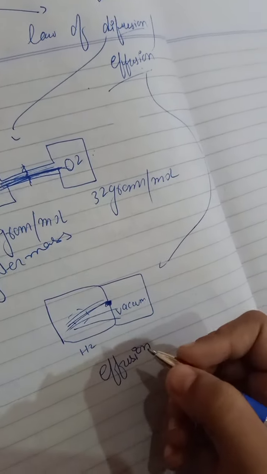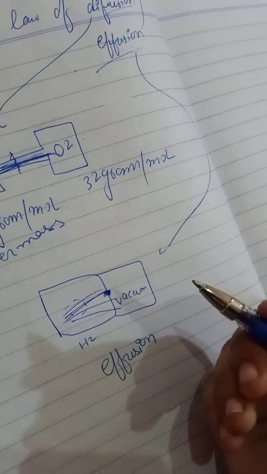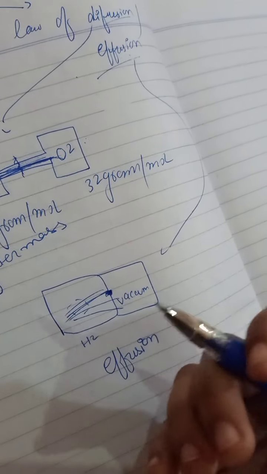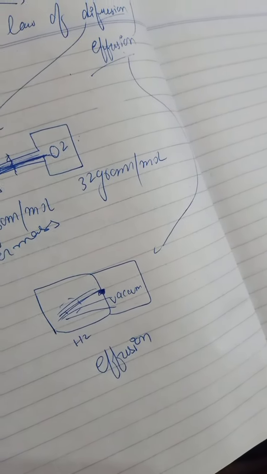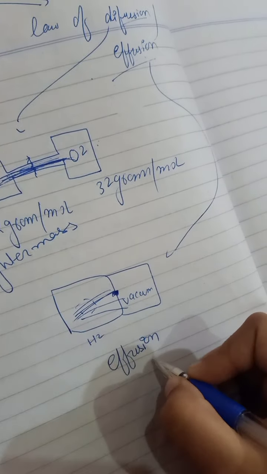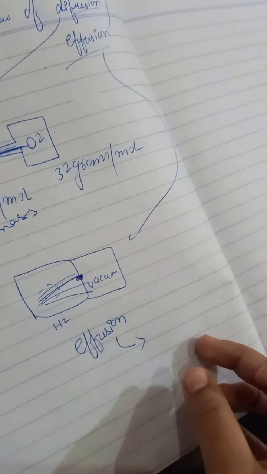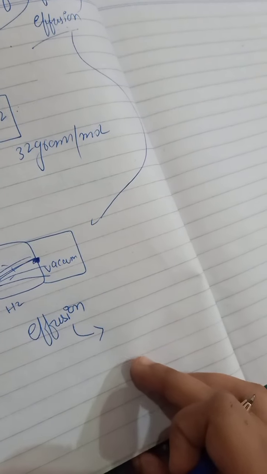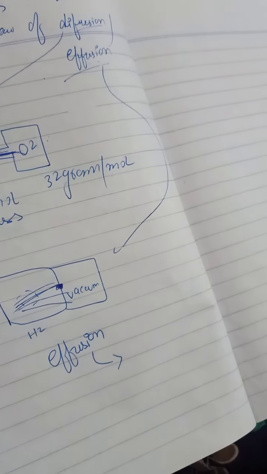For example, a tire is an example of effusion. This happens from high pressure to lower pressure.